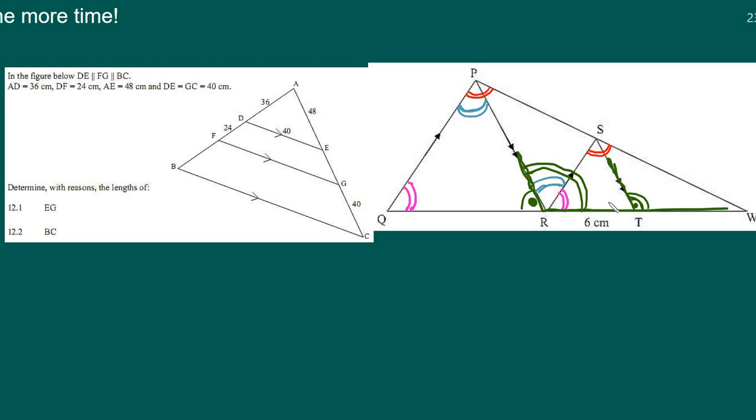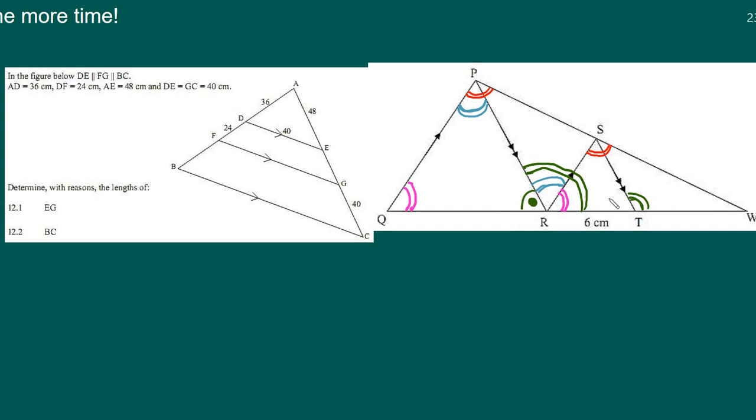Didn't we say that WTS is equal to TRP? You can see the ones you chose are outside those two.